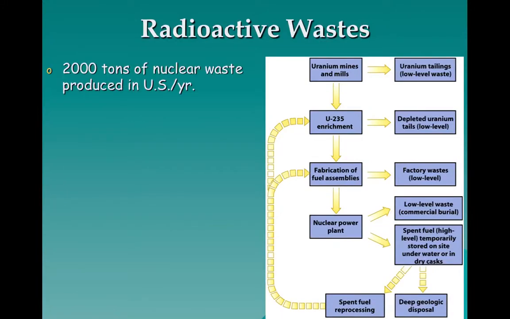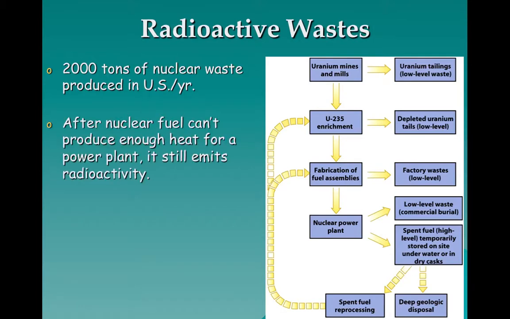fall into various categories. There are about 2,000 tons of it produced in the United States each year. After it's used for some time, it doesn't produce enough heat anymore to be used. So this is called spent fuel. But the problem is that it still emits radioactivity.